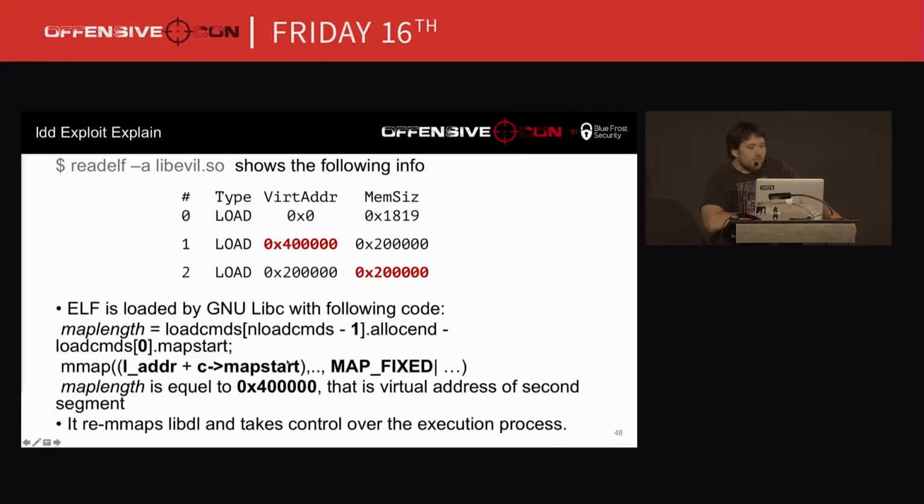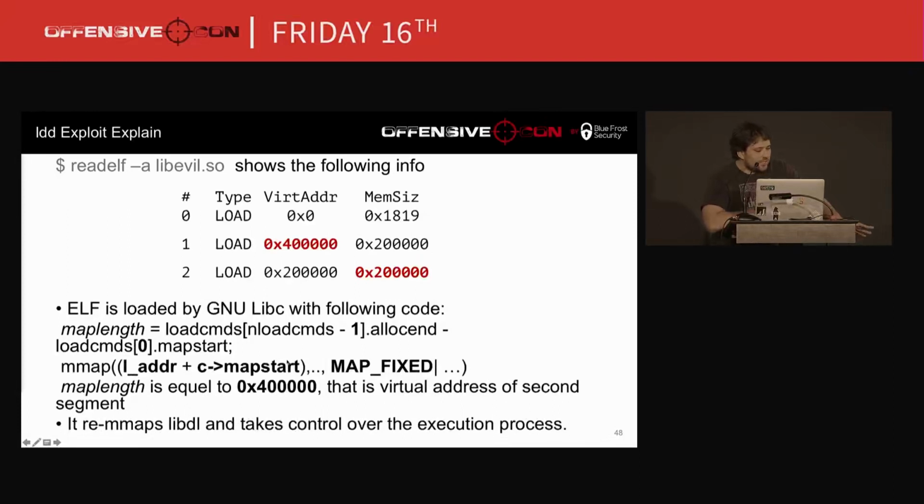So how do the Linux kernel and GNU libc load anything? First of all, they compute the total size of the ELF file because they need to know it to allocate enough memory. They do it only by counting the first and last segment. So here's the error: they just take the last segment minus the first segment, and that's how they compute the total size.